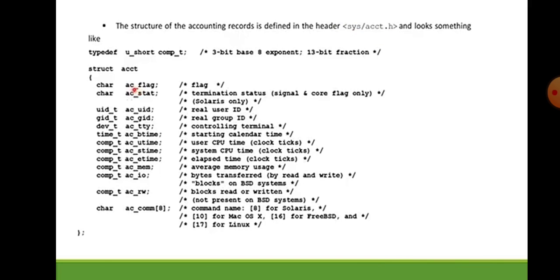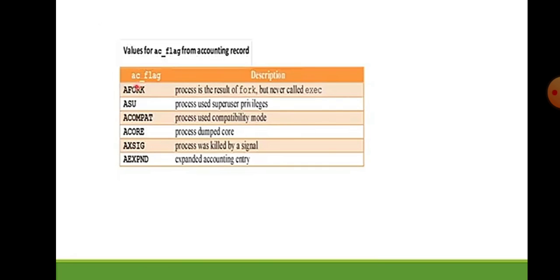Now let us look into the various flag values as mentioned. Okay, so these are the possible flag values that are maintained in the record. AFORK, which means this is set when the process is the result of a fork system call, but it never called the exec system call.